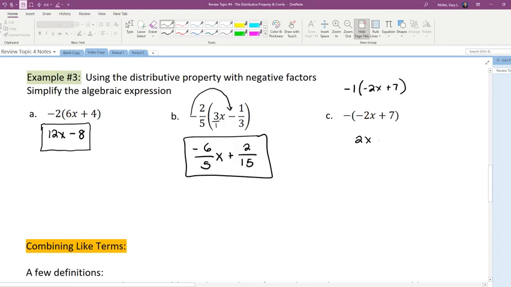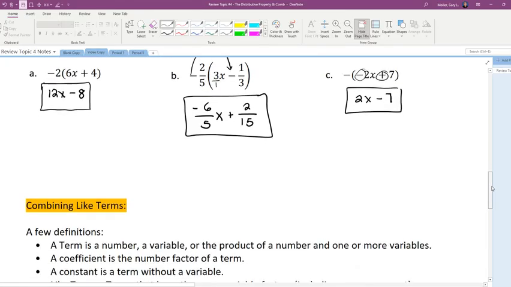A negative times a positive is a negative, and I get 2x minus 7. All that did was change the signs of both of the terms inside. And that's all there is to the distributive property. As long as you're paying attention to all the negatives, then it should go fine.